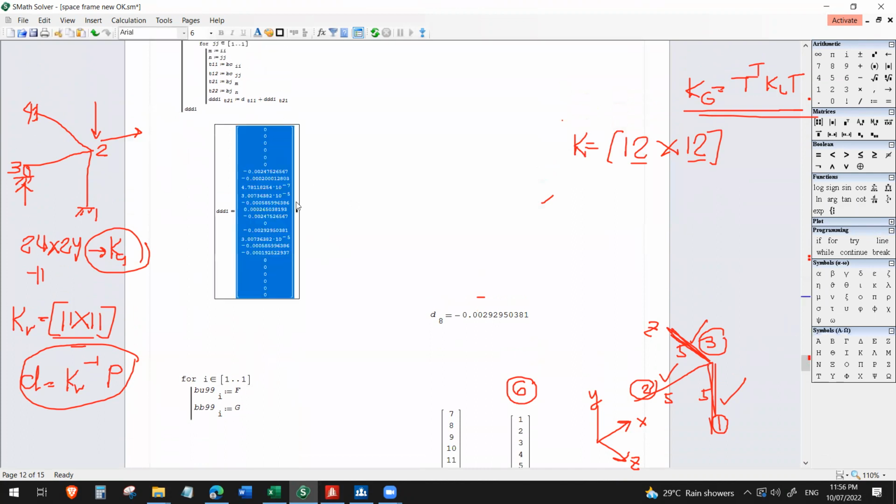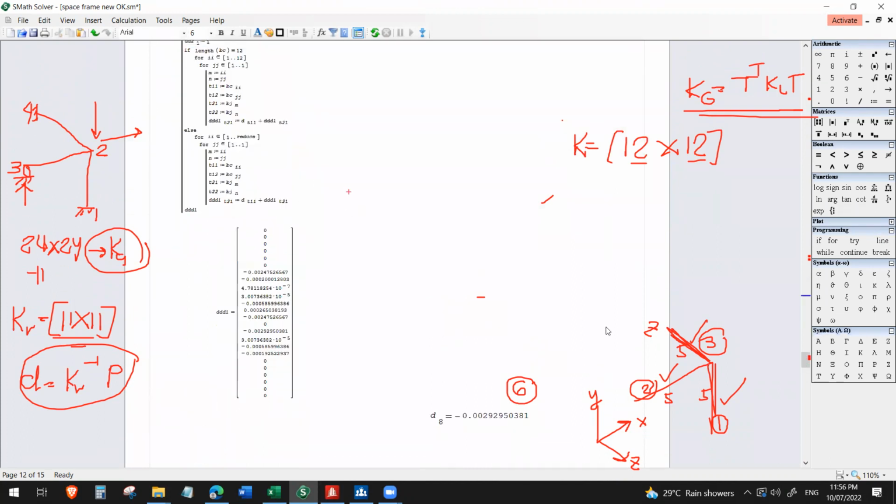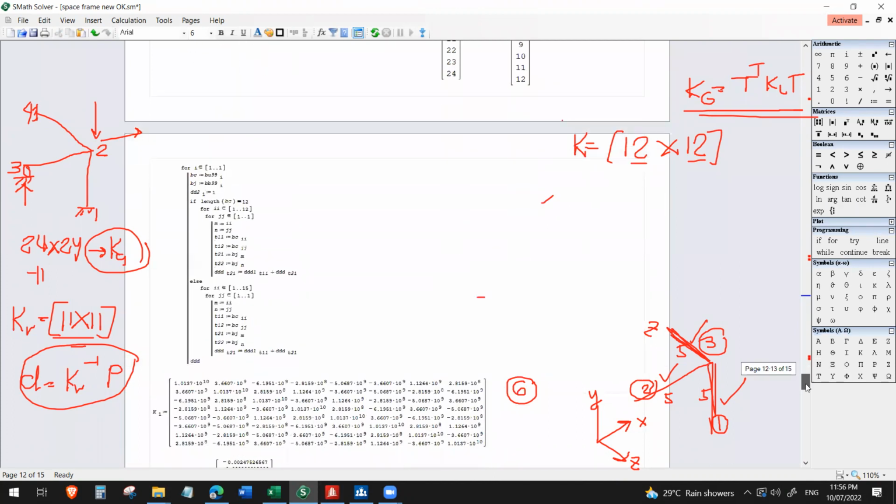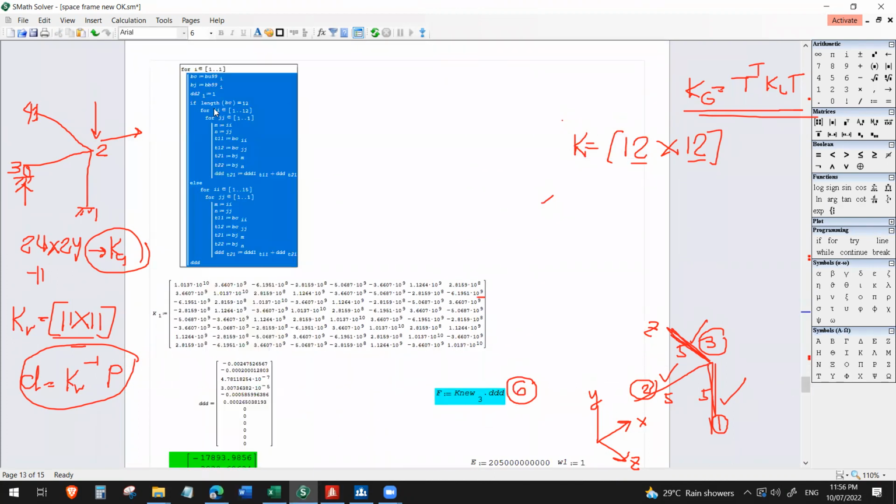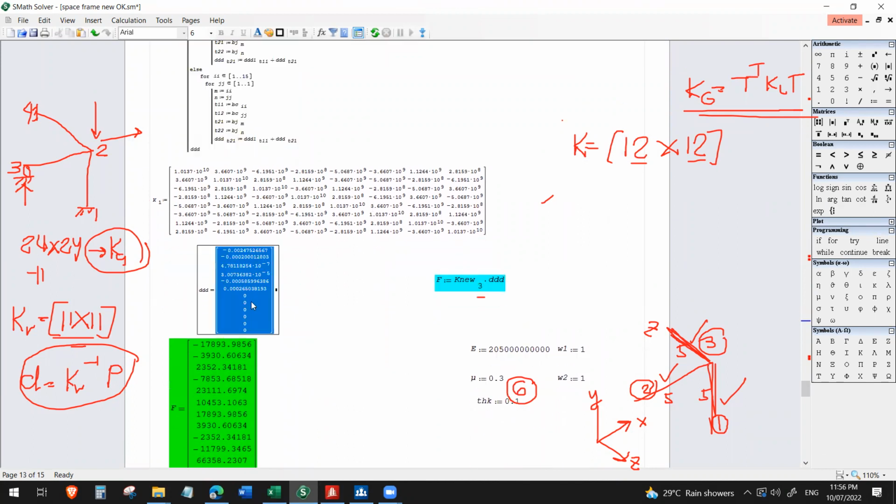This code will combine all the displacements, while this code is the one that extracts the displacement per member. So this is the corresponding displacement of member 3.